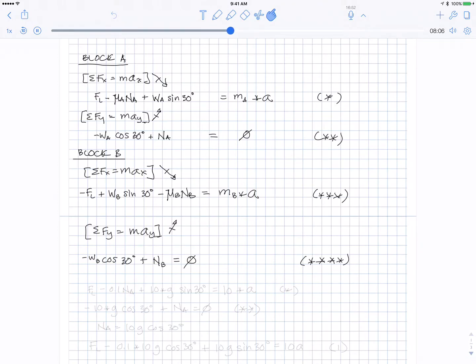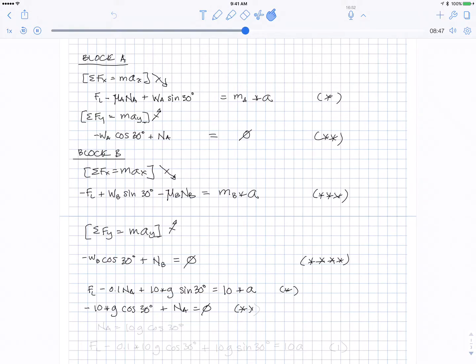So equation 1 becomes the force of the link minus 0.1 NA plus 10 kilograms times G sine 30 degrees equals 10 kilograms times A. Equation 2 is minus 10 kilograms times G, the weight, cosine 30 degrees plus NA equals 0.